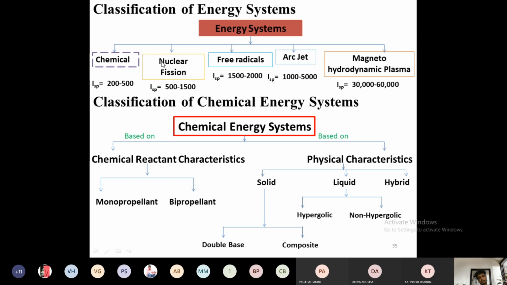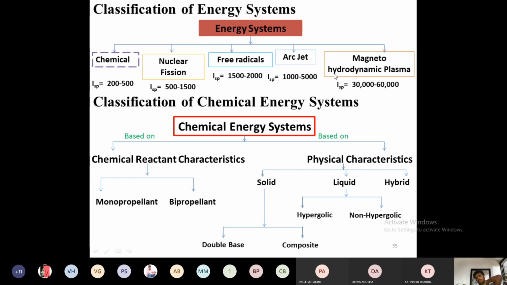We don't know the status of that one, but it is under development. The free radical system has not been started, but its estimated specific impulse is between 1500 and 2000. The arc jet system has a specific impulse between 1000 and 5000, and it is also underdeveloped. Magnetohydrodynamic plasma has a specific impulse between 30,000 and 60,000 seconds.